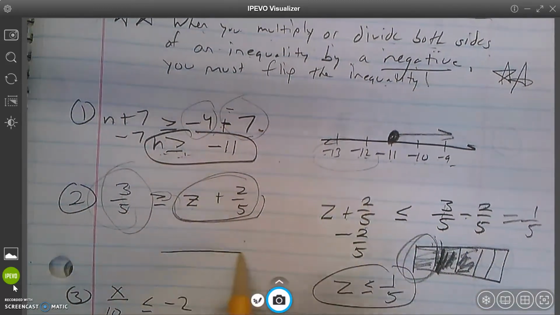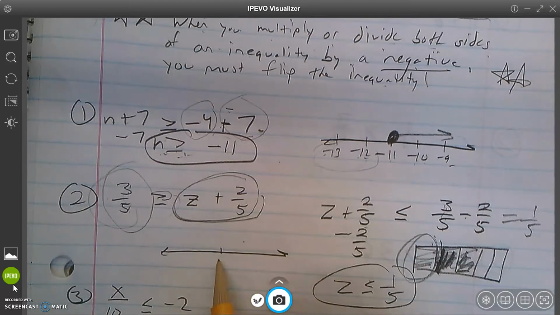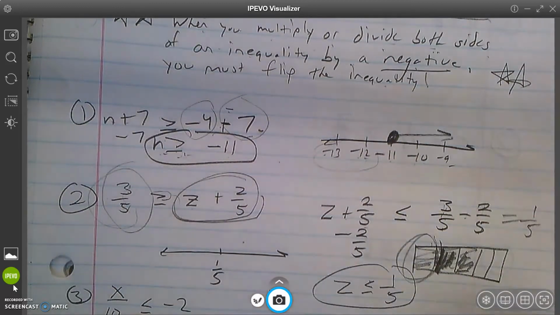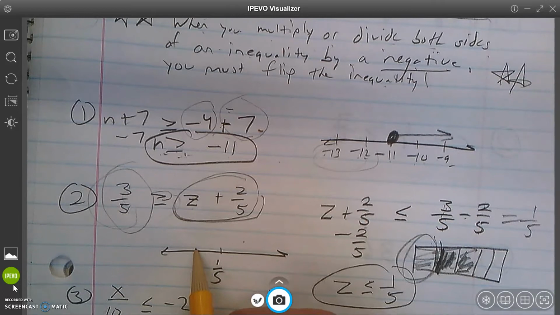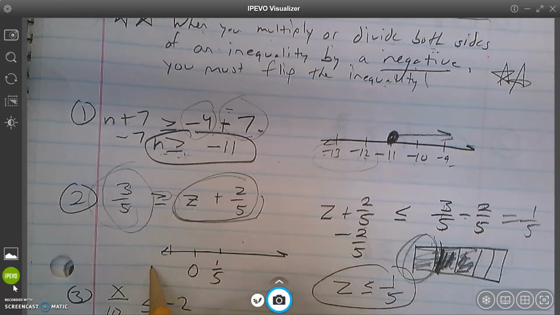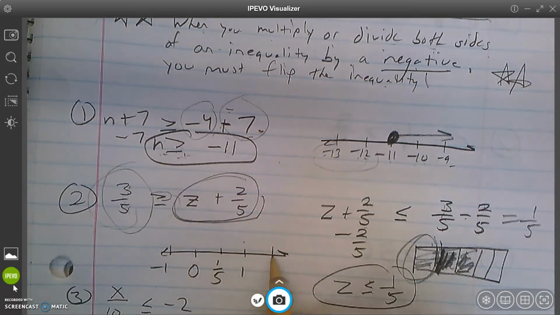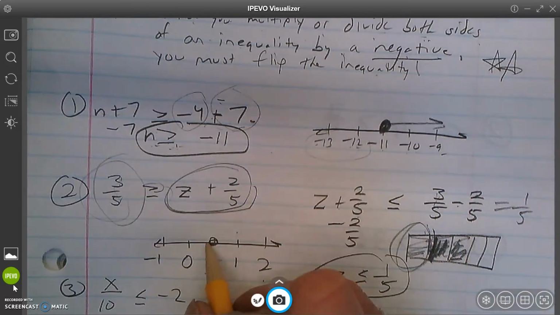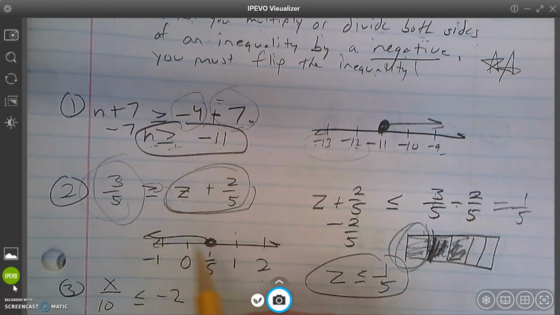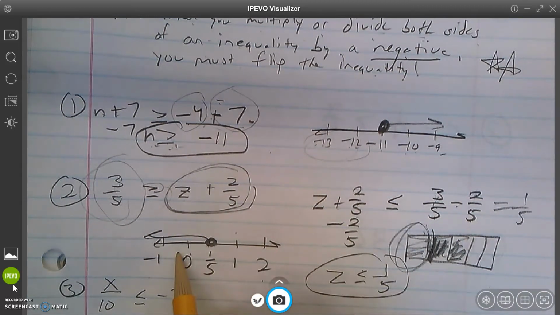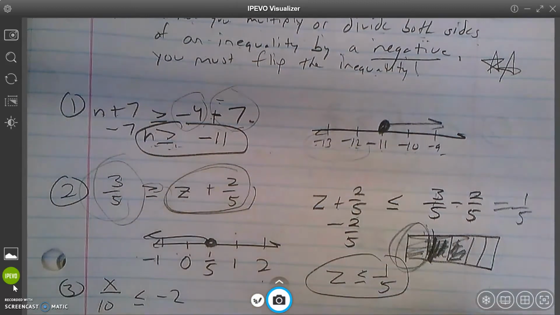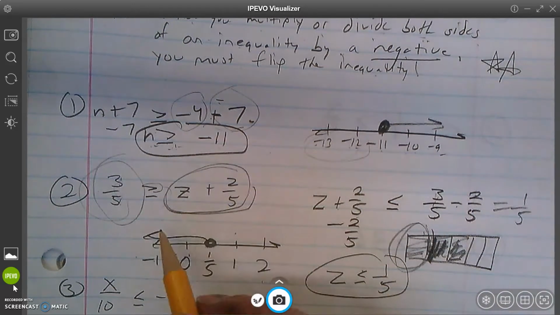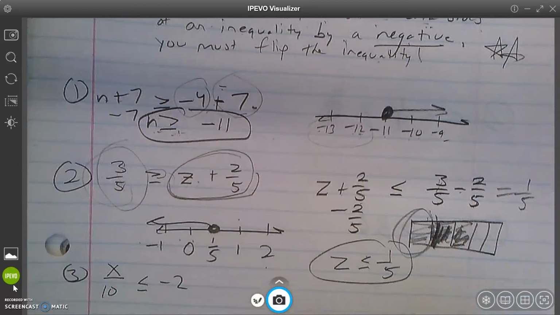All right, I need a number line with this. You always got to graph it. So 1/5 goes here. What is less than that? That would be 0, -1. I could put 1, 2, etc. Less than or equal to says anything over here. So anything like 0 or -1/5 or -1 or -2, etc. All those work for this inequality. Sorry, not equation, inequality.